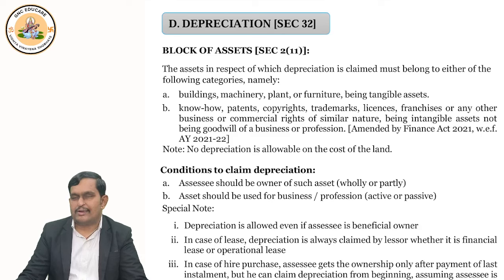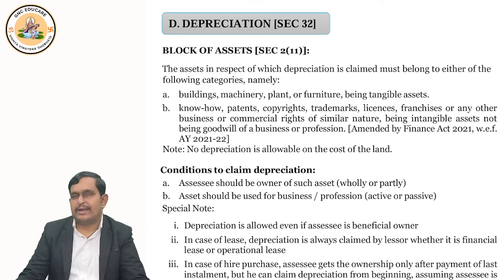Now, two blocks are given. One is basically building, tangible assets, furniture, and plant and machinery. Building, furniture, plant, machinery. These are tangible assets. Similarly, know-how, patents, copyright, trademarks, license, or any other business or commercial rights are intangible assets.